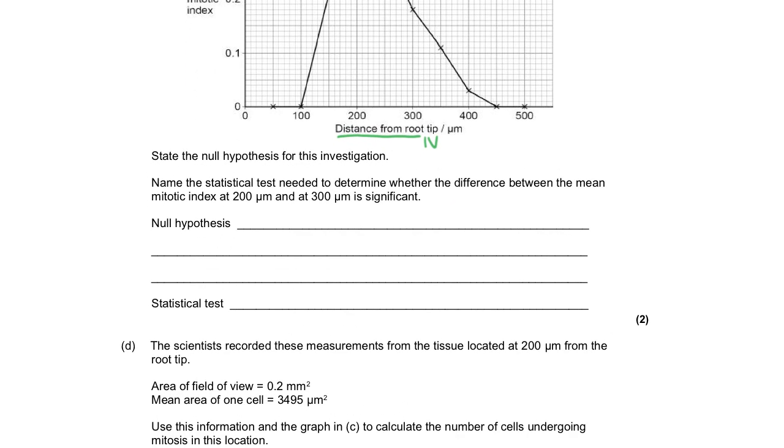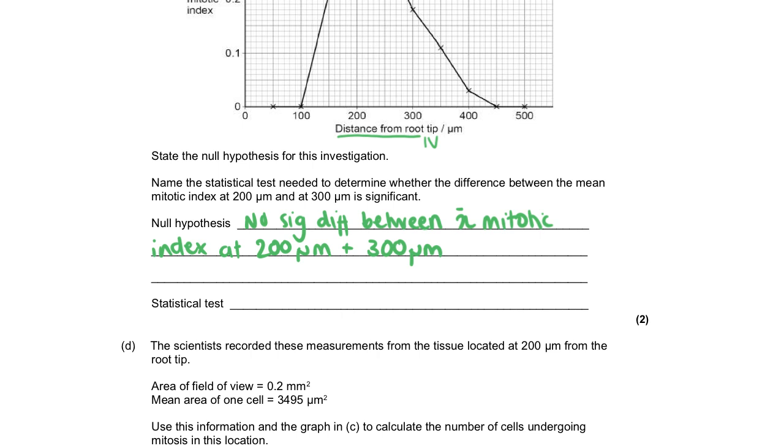The null hypothesis is that there is no significant difference between mean mitotic index at 200 micrometers and 300 micrometers. Remember, we discussed this in class.